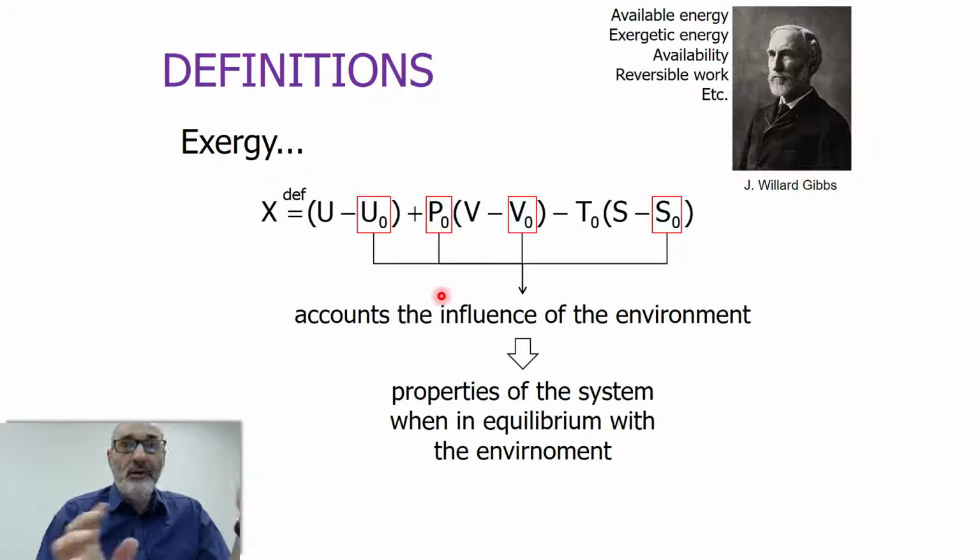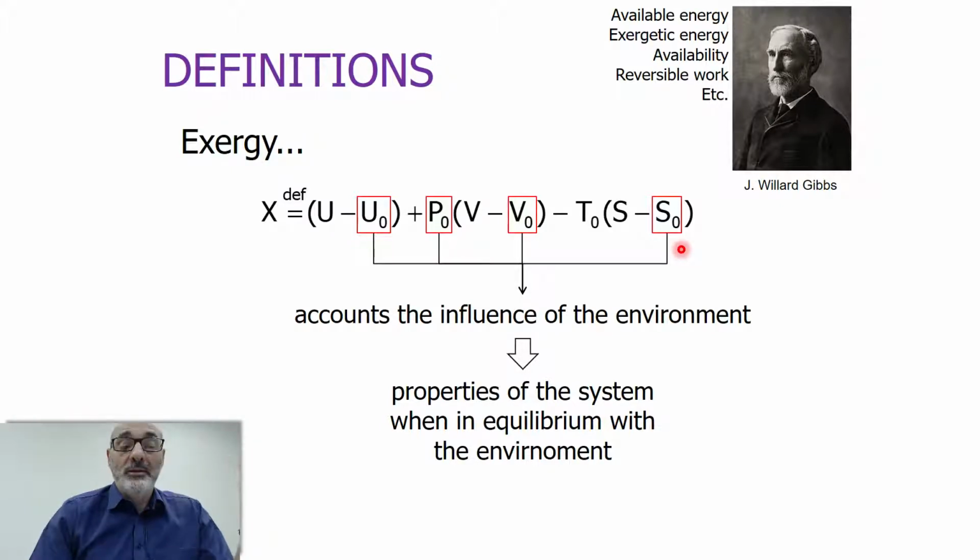So if our orange substance is nitrogen, that's the internal energy of nitrogen at 1 bar 25 degrees, for instance, if our environment is at this pressure and temperature. Okay, V0 is the volume of nitrogen at 1 bar 25 degrees, and S0 is the entropy of nitrogen at 1 bar 25 degrees.